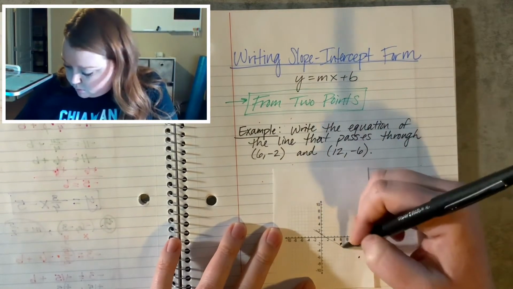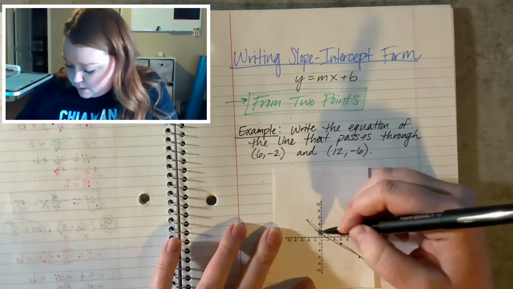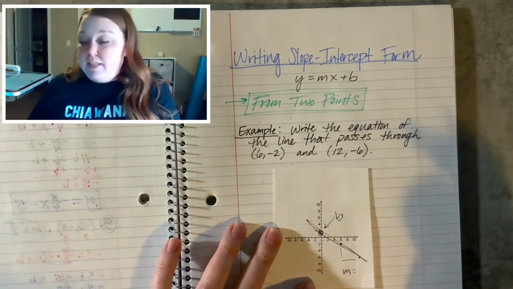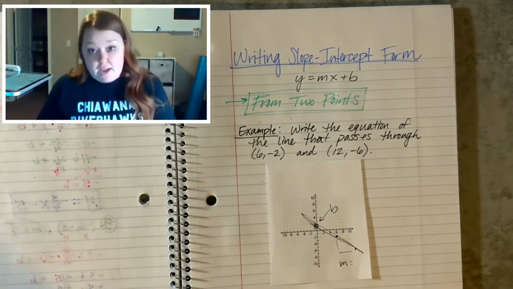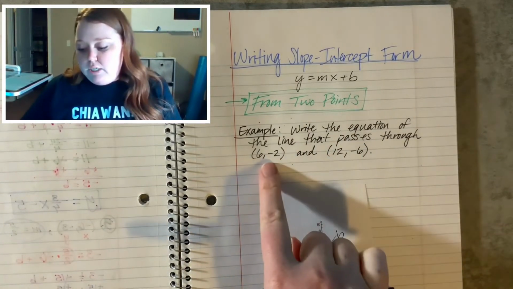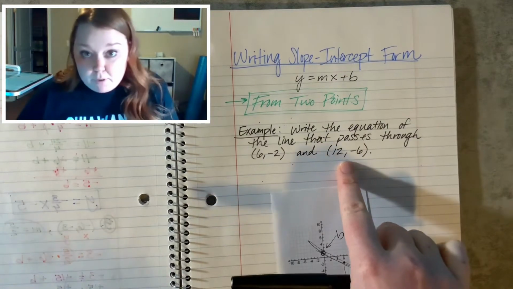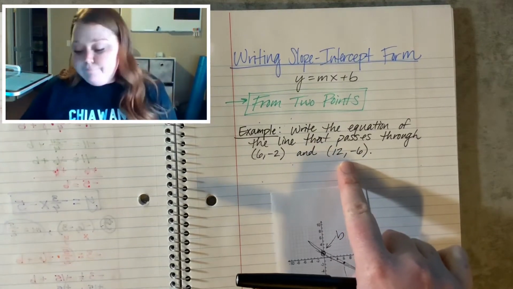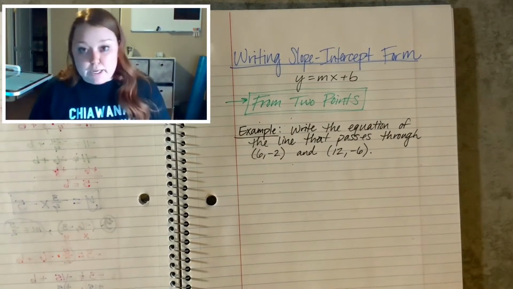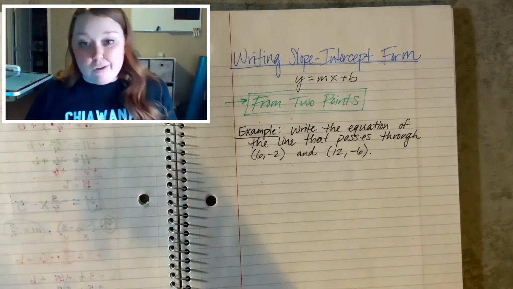I could take a ruler, line it up, try and find the intercept, figure out the slope, and plug that in. But are you always going to have graph paper next to you? No. Are you always going to be given pretty points like this that have whole numbers and are pretty low? No. So you have to know how to solve this algebraically. That's why you're in algebra.